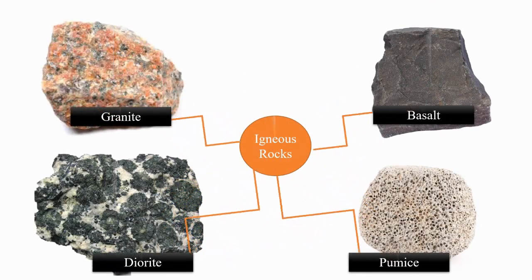Well, students, as you can see, these are some examples of igneous rock. Granite is an igneous rock. It is light in color and is covered with grains which are visible from the outside, and one can feel them in its texture.